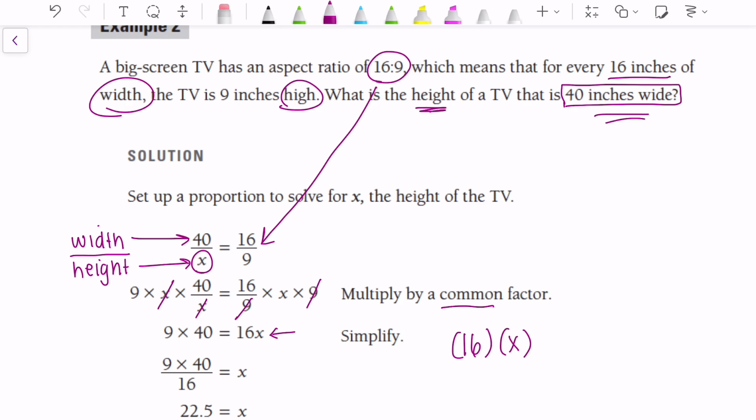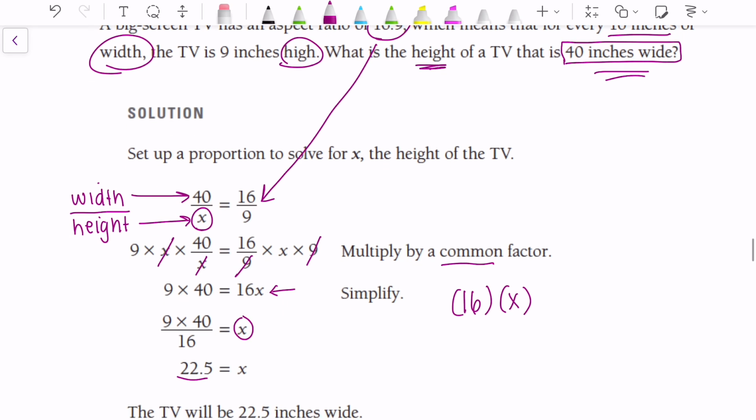Dividing by 16. So again, with the balancing situation of equations, we need to apply that to both sides of the equal sign. And we divide by 16 on both sides, which is why we just get this single x here.